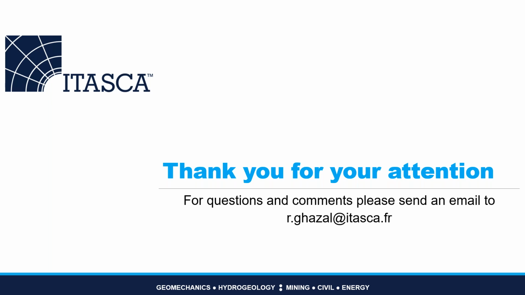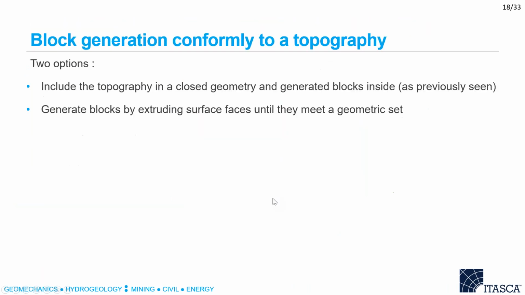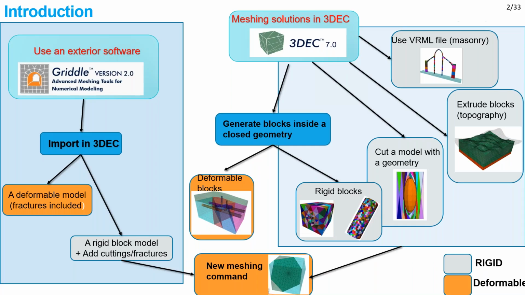Okay, we have also Dung who wanted to know what we mean by rigid and deformable blocks. I will go back to the initial slide. When we talk about rigid blocks, these are blocks that cannot deform inside. So the matrix is rigid, and the only displacement that can occur is on the interfaces between blocks. And deformable blocks are blocks that can deform.